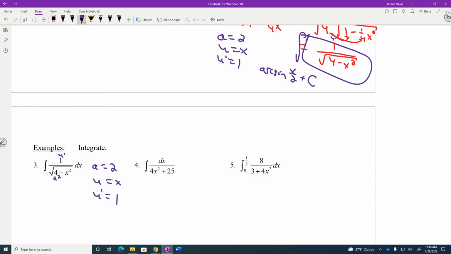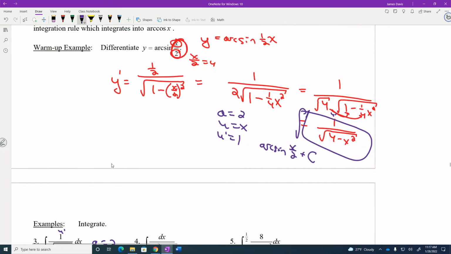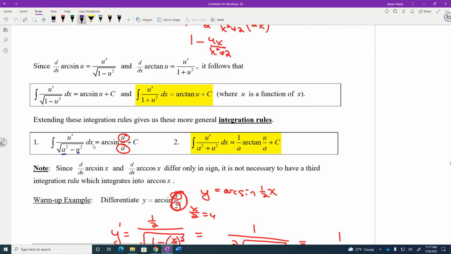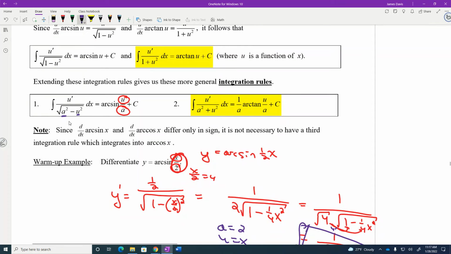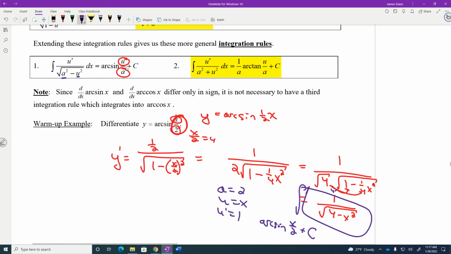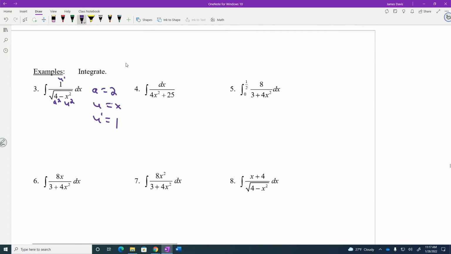This is a squared, so that'd be 2 squared. And this is minus u squared. So our formula up here is a squared minus u squared with the u prime on top. And that all matches. It won't always be the case where it matches exactly, but this does. So then our answer is just the arc sine of u over a plus c.